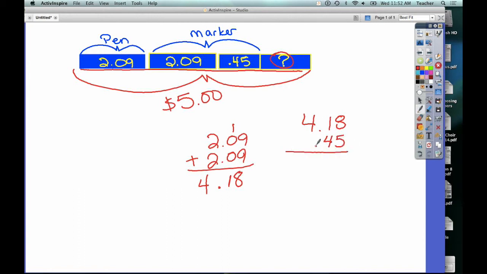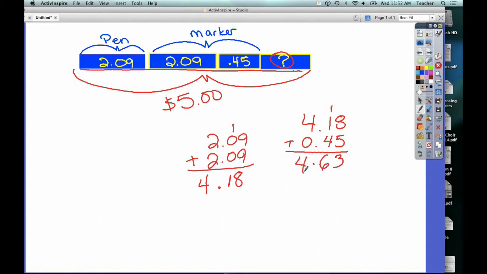What's 5 plus 8? 5 plus 10 is 15. What's 5 plus 8? 13. I hope that's what you guys said earlier and I just didn't hear it right. 4 plus 1 is 5, plus 1 is 6. 4 plus nothing is 4.